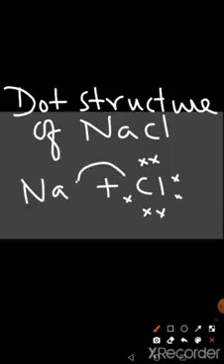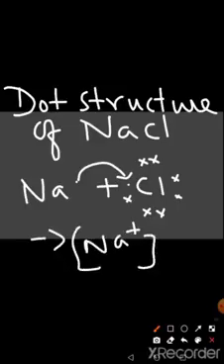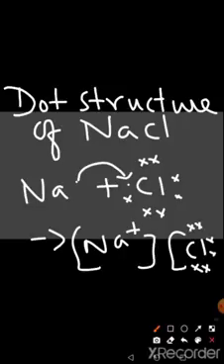This sodium will lose one electron to chlorine, and thus it becomes positively charged, and chlorine becomes negatively charged by taking one electron from sodium.